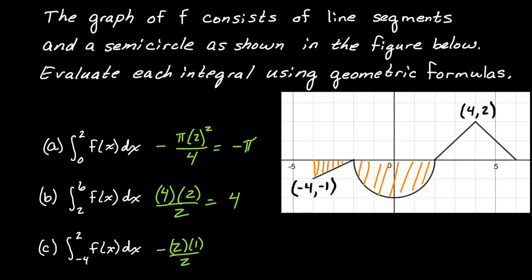And then we have the semicircle, which is below the x-axis, so it's a negative area, minus pi times the radius squared divided by 2 because it's half of a circle. And this comes out to -1 minus 2 pi for our area.